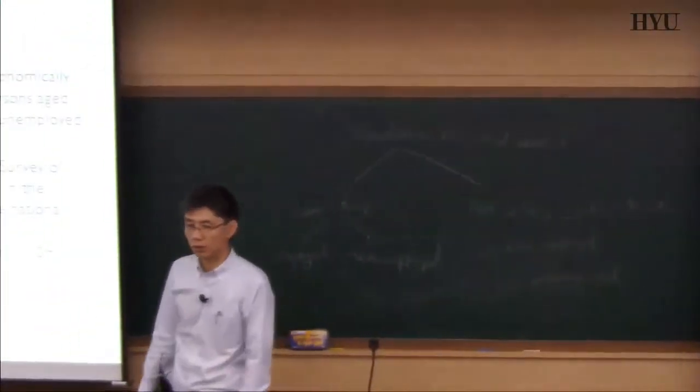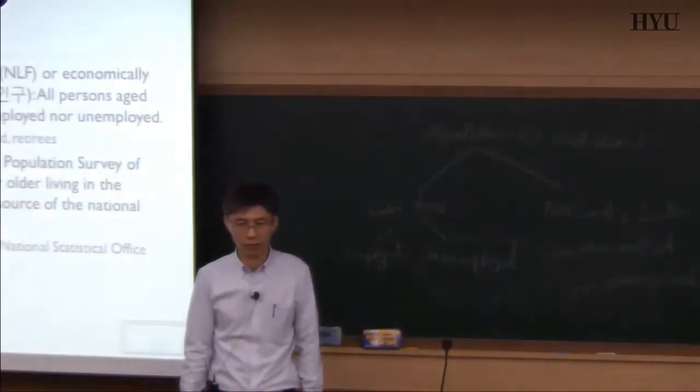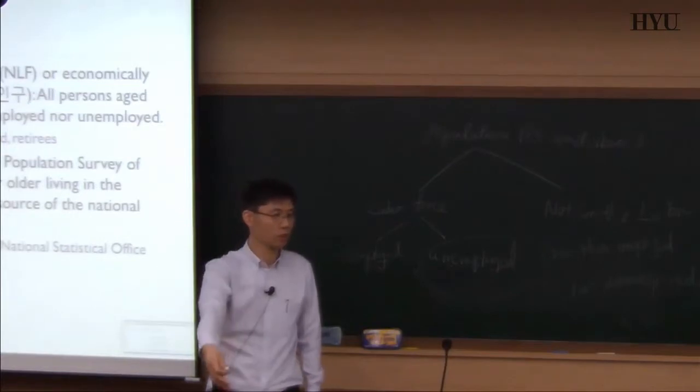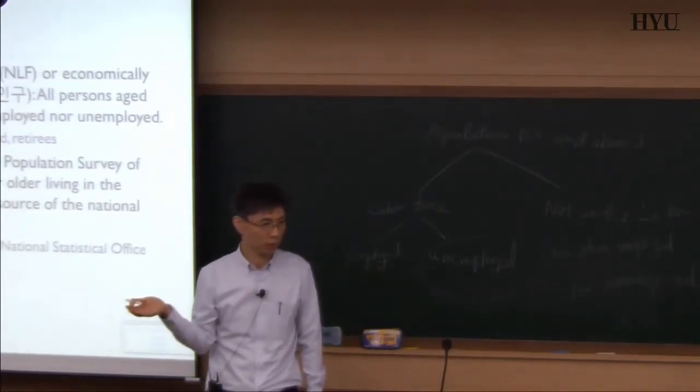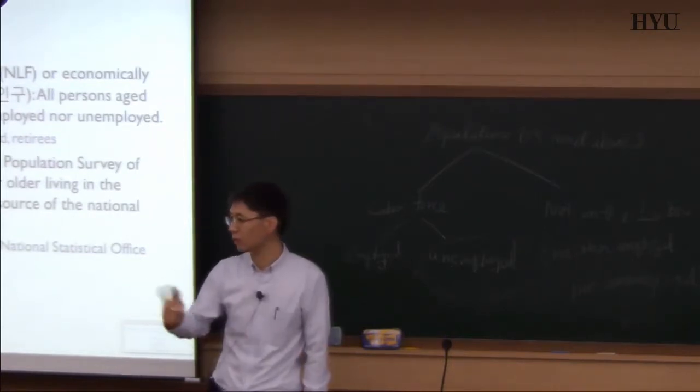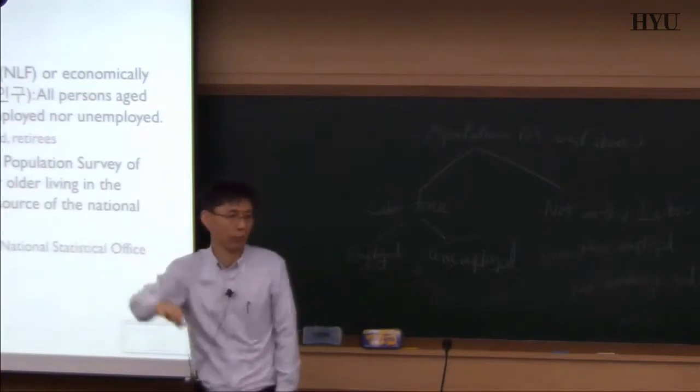They do it every month. And then they publish the results on the website I showed you yesterday, for example. And so from time to time, you will read the results of this survey in newspapers.